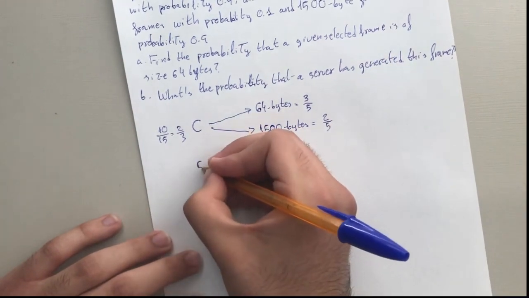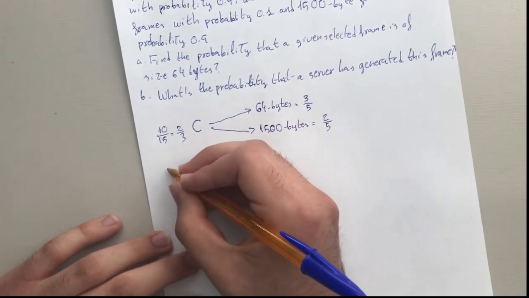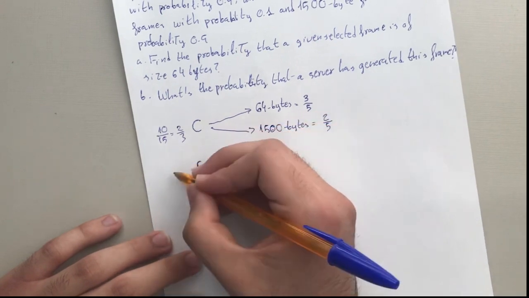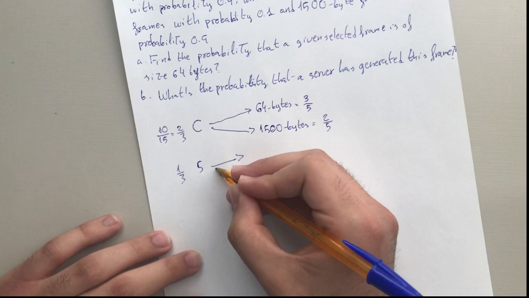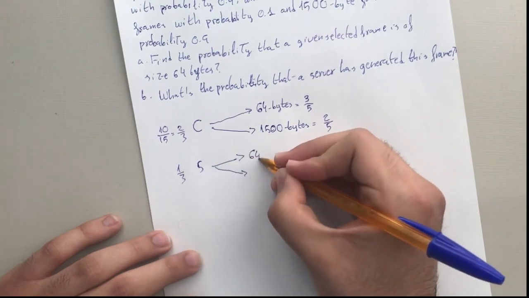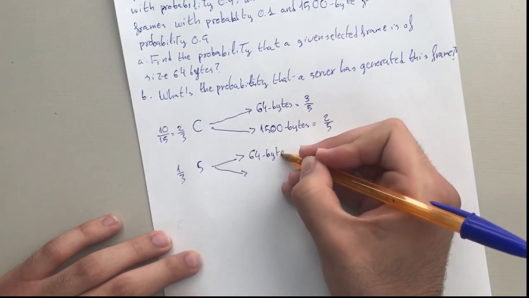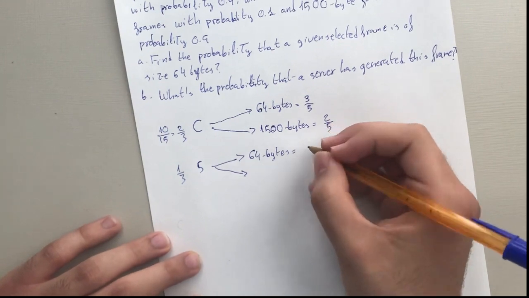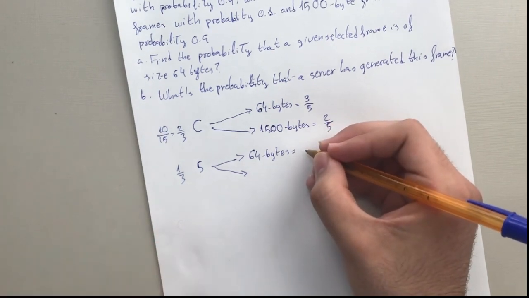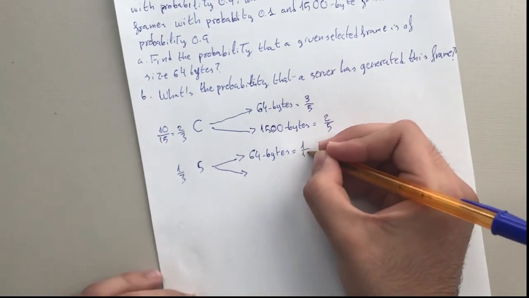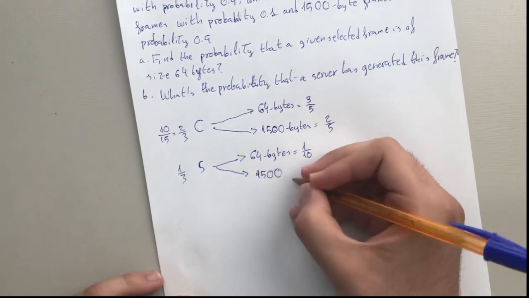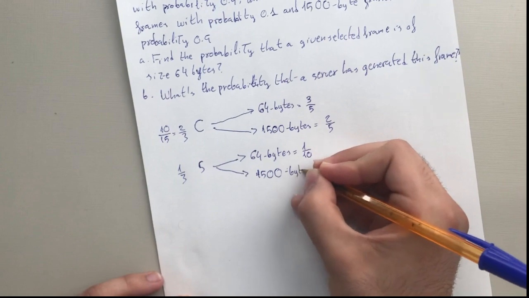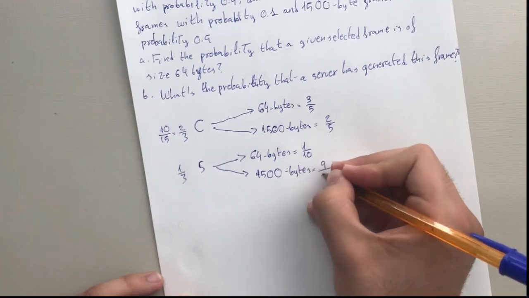For the servers it's the same: 1 minus 2 over 3 is 1 over 3, and 64 bytes will be 0.1, which is the same as 1 over 10, and 1500 frames will be 9 over 10.